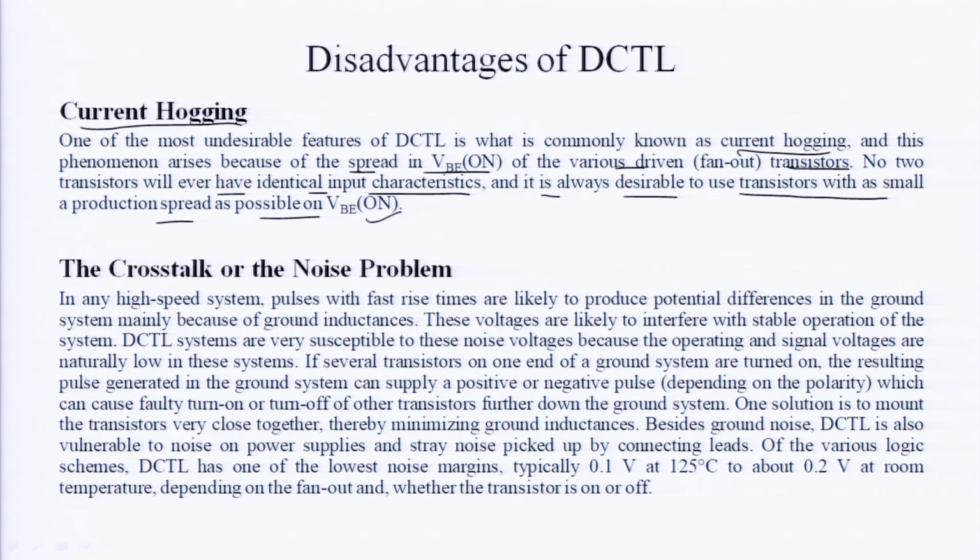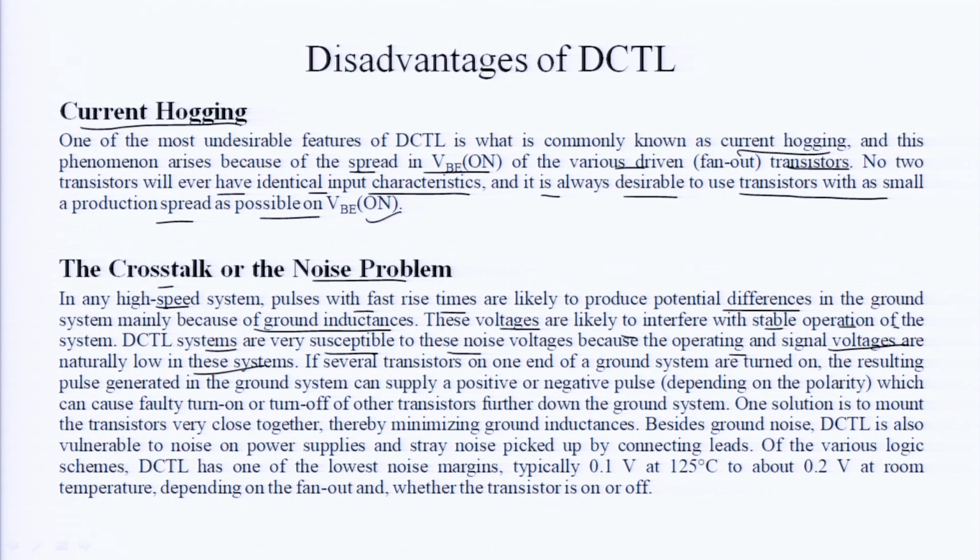The crosstalk or the noise problem. In high speed systems, pulses with fast rise times are likely to produce potential differences in the ground system, mainly because of ground inductances. These voltages are likely to interfere with the stable operation of the system. DCTL systems are very susceptible to these noise voltages because the operating and signal voltages are naturally low in these systems.